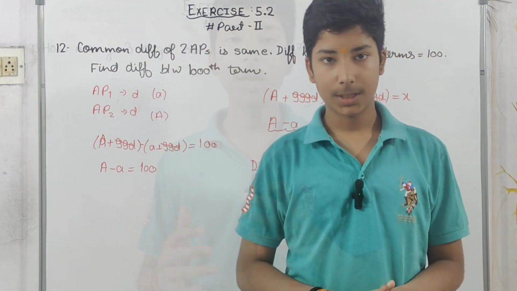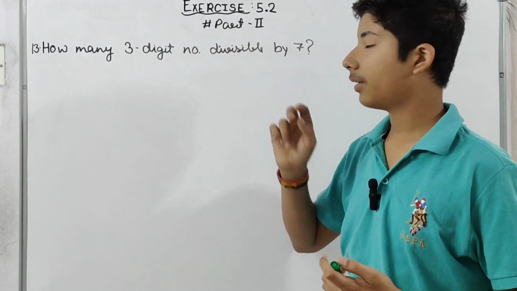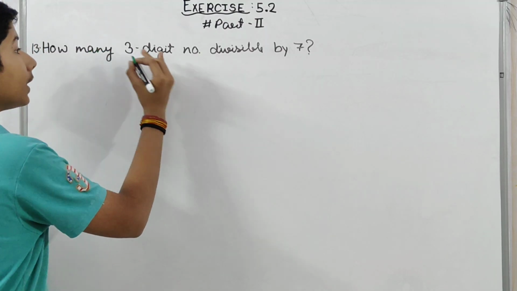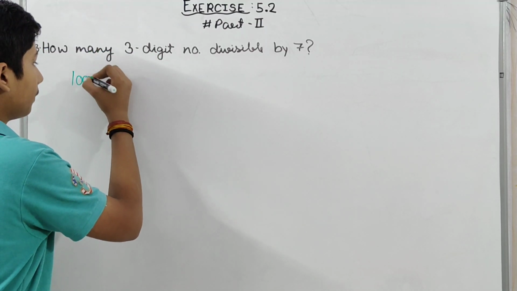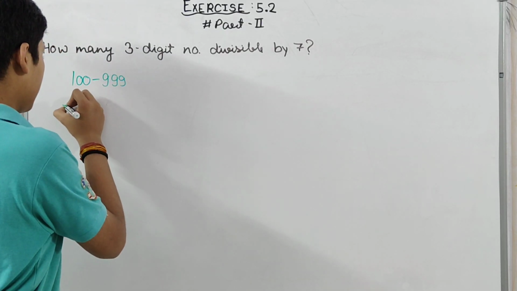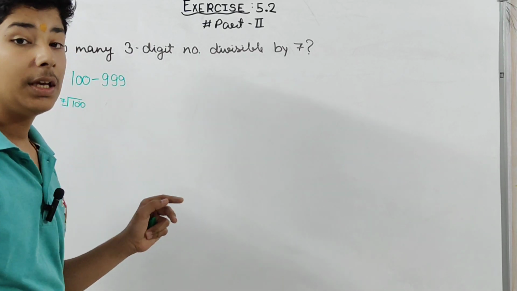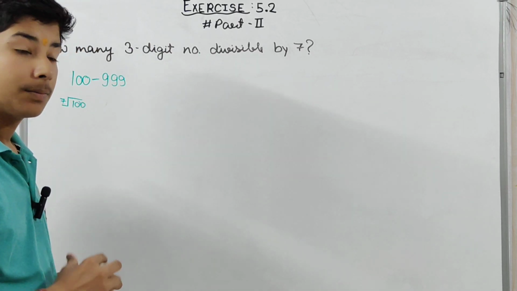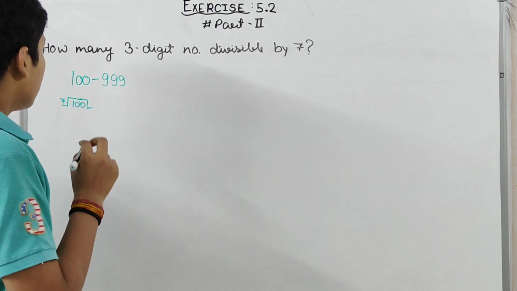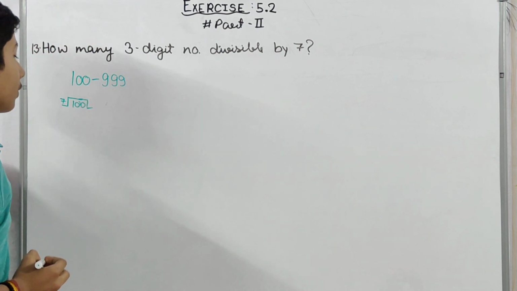Let's continue without wasting time. Now here's a question in which we have been asked how many three-digit numbers are divisible by 7. Firstly, we know the three-digit numbers extend from 100 to 999. When we divide 100 by 7, the remainder is 2.